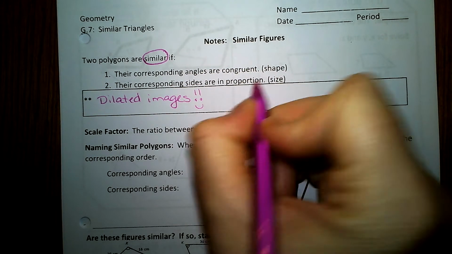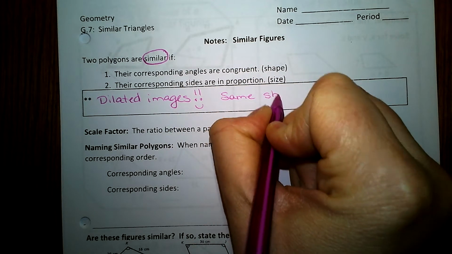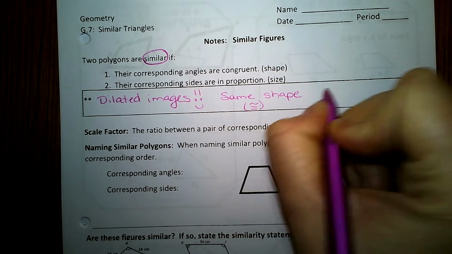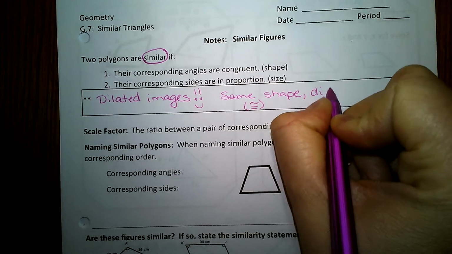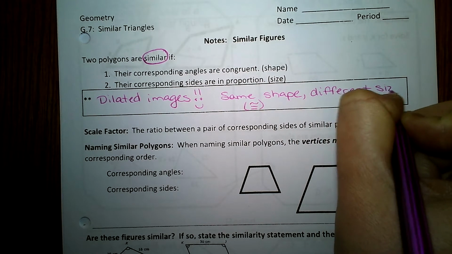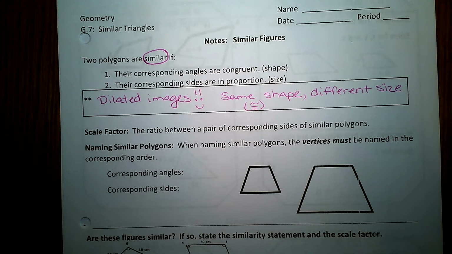So that means they have the same shape, since that part is congruent, but different size. One is an enlargement of the other. Okay, so same shape, their angles are congruent, but different size.